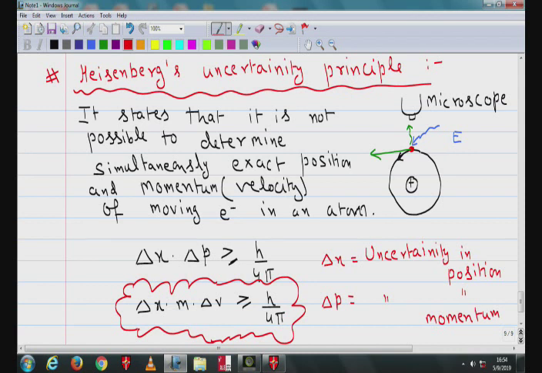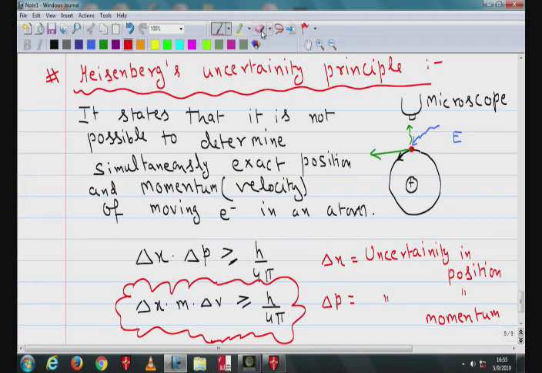Shillong, Senapati, Sisipur. Guys, what's going on? Where are you? It's 4 pi, dear. That is 4 pi. This is h upon 4 pi. Any doubt? Shillong, any doubt?